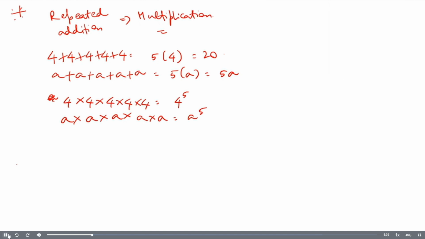Here this a is called the base, and the number of times it is multiplied, this 5, is called the power or the index. So 4 and a are the bases, and this 5 is the power or the index.